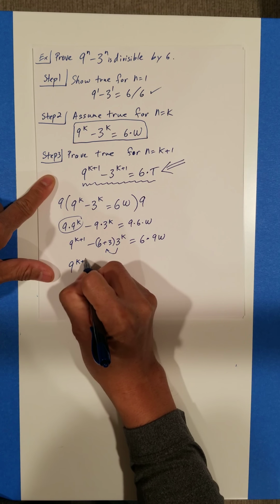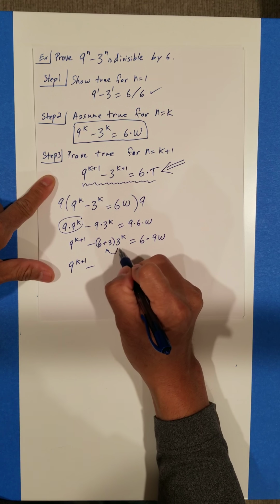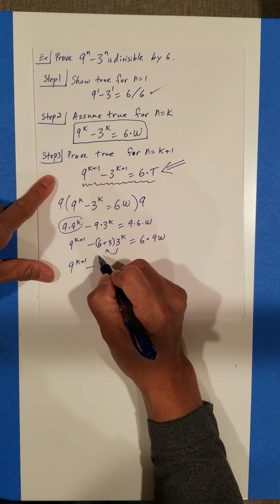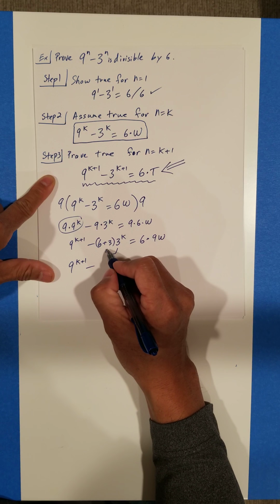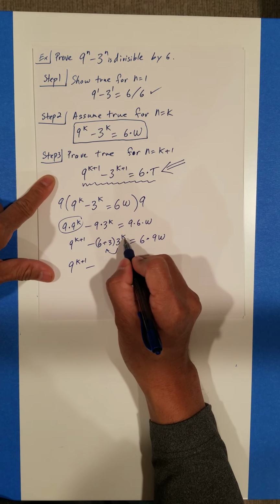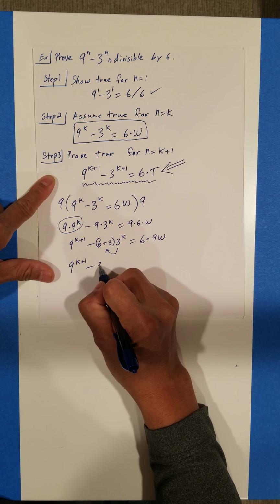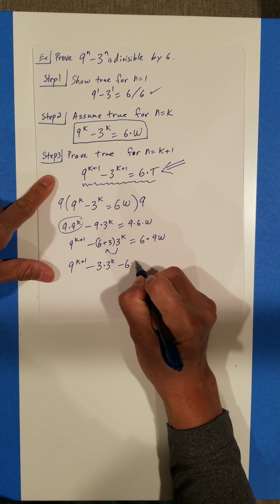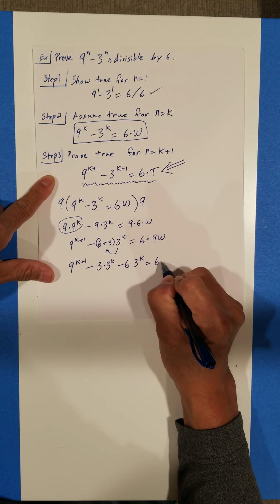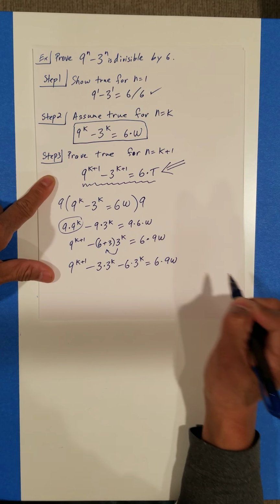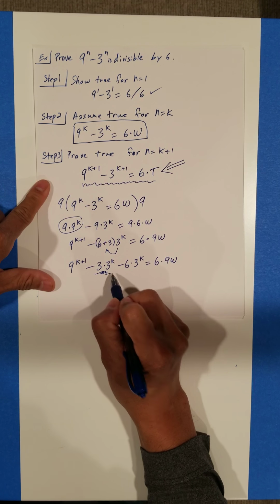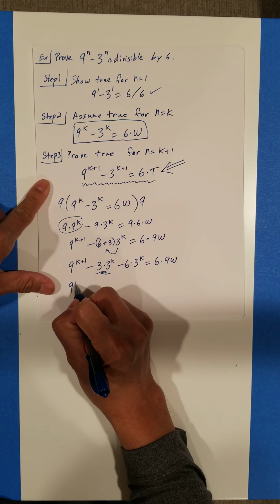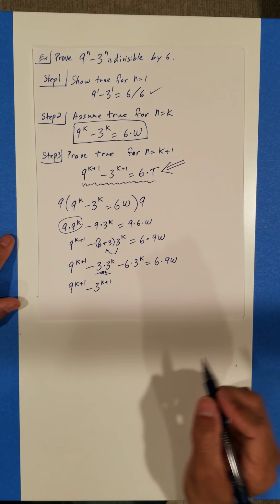9 to the k plus 1 minus, now when we distribute, we get 3 to the k times 3. That's minus 3 times 3 to the k minus 6 times 3 to the k equals 6 times 9w. Okay, now remember your power rules. 9 to the k plus 1 minus this becomes 3 to the k plus 1, right?